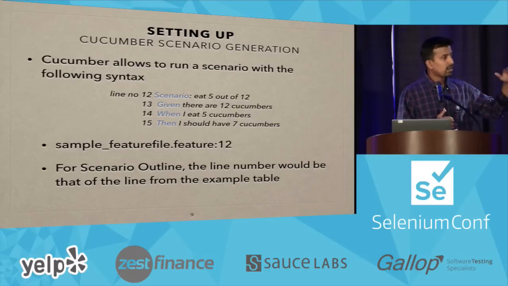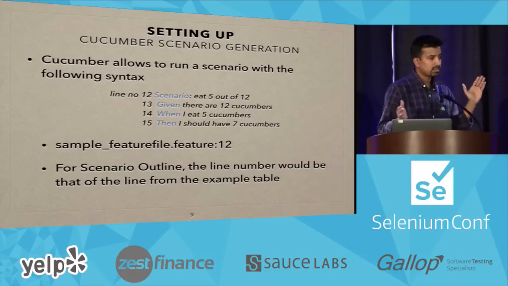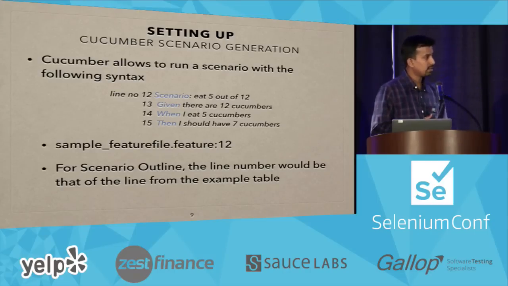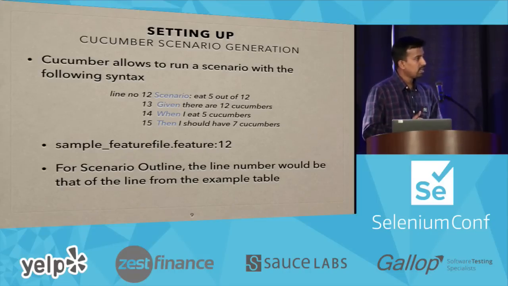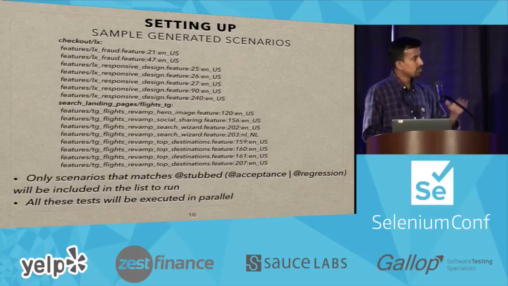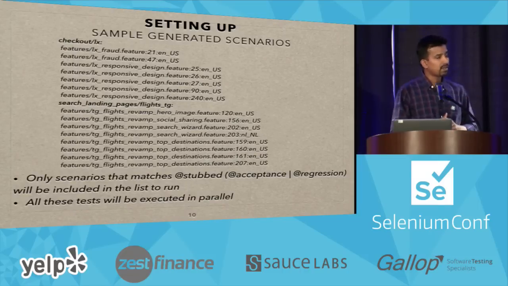So that's how we are creating it: by going through all the projects, we create a file with all the scenarios. And if there is a scenario outline, the line number would be the line from the examples table. So that's another feature of Cucumber. This is how the generated files look.